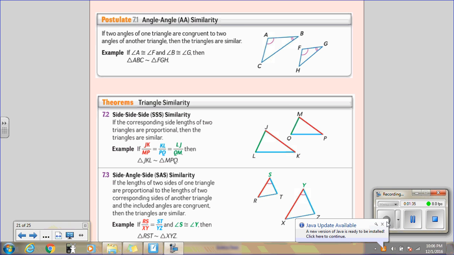And then we also have the side-angle-side similarity theorem. On this one, you just need two corresponding sides to be proportional and an included angle.